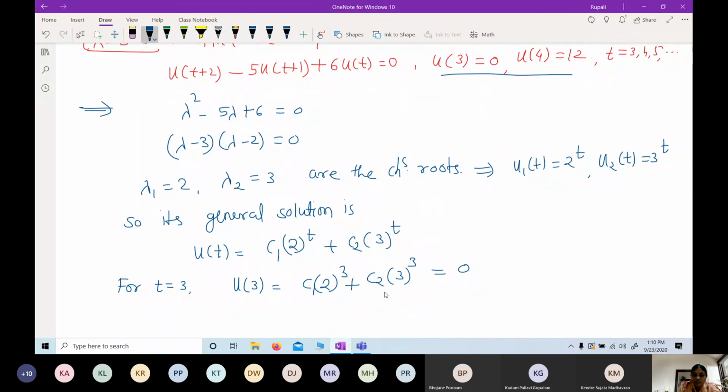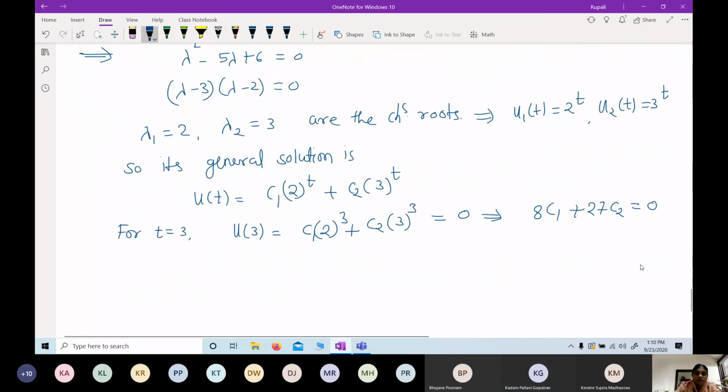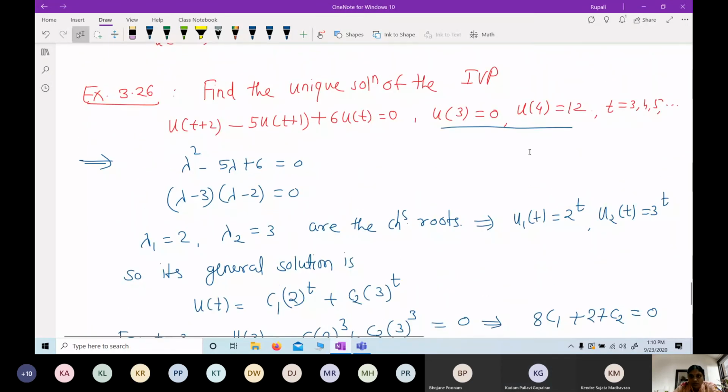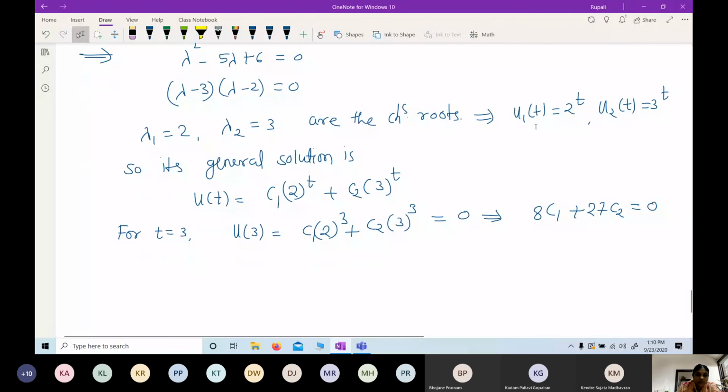Are you getting this? Yes, ma'am. So this implies, what is 2 raised to 3? 8 times c1 plus 27 times c2 equals 0. And what is the other initial condition? u(4) is equal to 12. So c1 times 2 raised to 4 plus c2 times 3 raised to 4 is equal to 12.